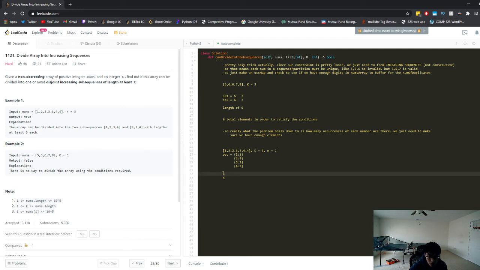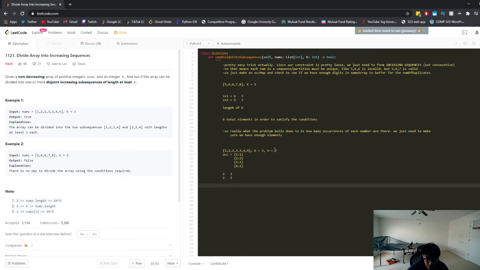First of all, we know that 2, since there are 2 occurrences, there needs to be at least 2 subsequences, and these subsequences have to be of length at least 3, right? So we know that we need to have at least 6 total elements to satisfy the conditions of having 2 increasing subsequences of at least length 3.